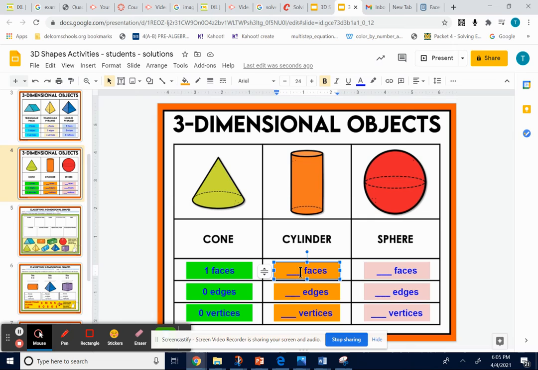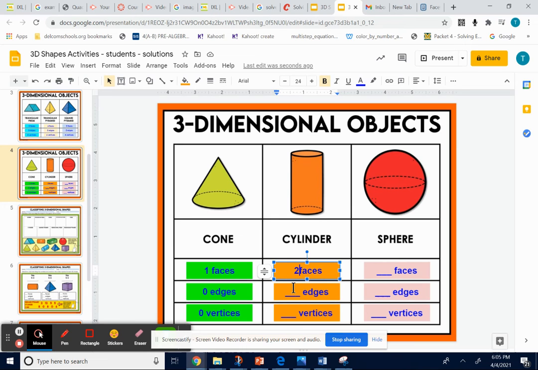Okay, a cylinder. There's two faces. They have to be flat. It's going to be the circle on the top and a circle on the bottom. Okay, the two faces. Because the outside part isn't flat, at least as part of the cylinder.